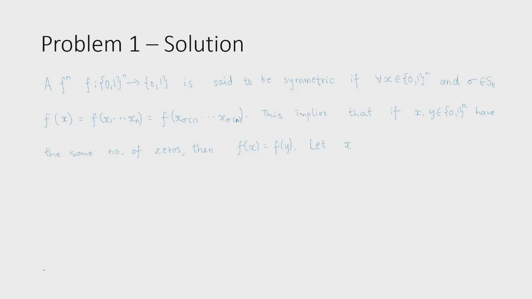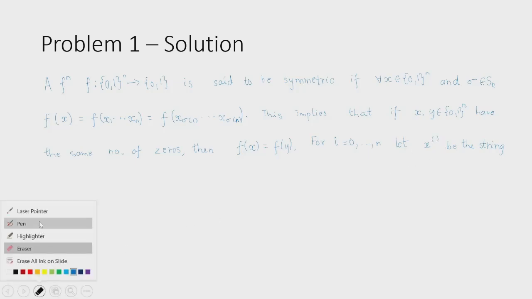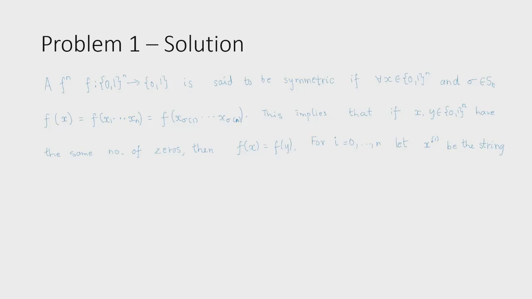x0, or yeah, let me write it like this. So then for i from 0 to n, let x_i be the string with i zeros followed by n minus i ones.